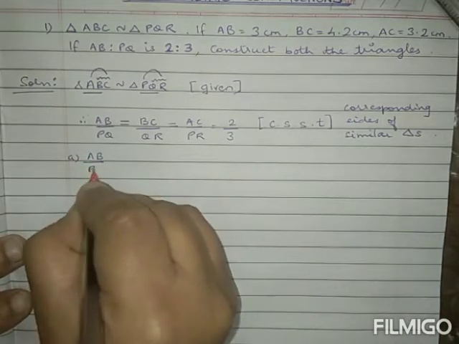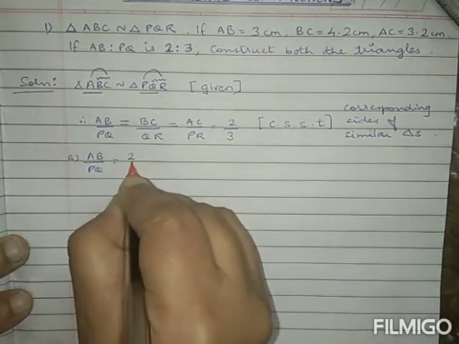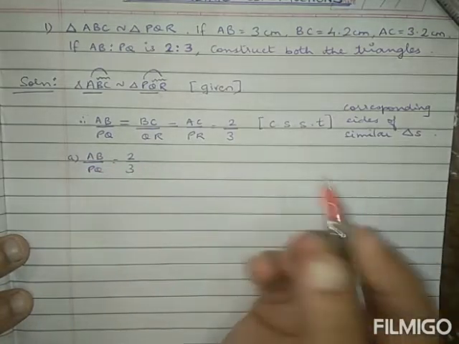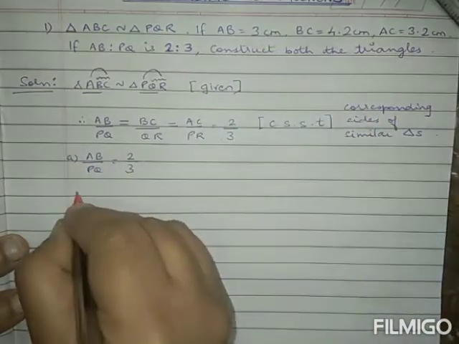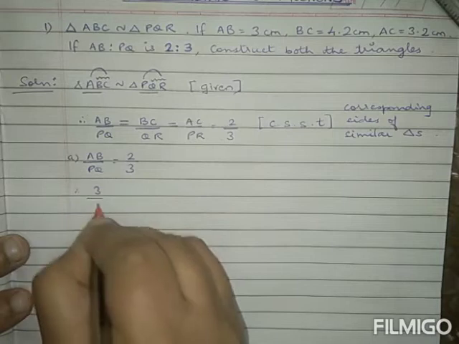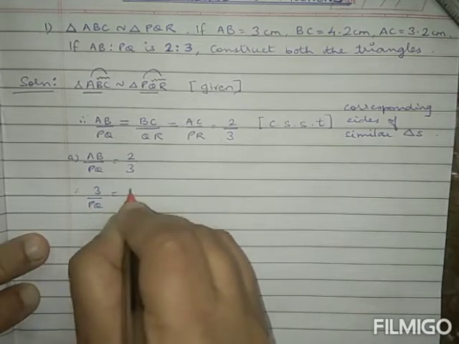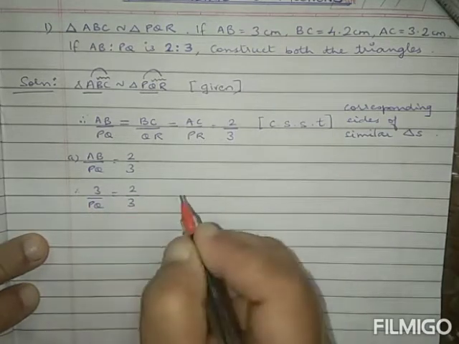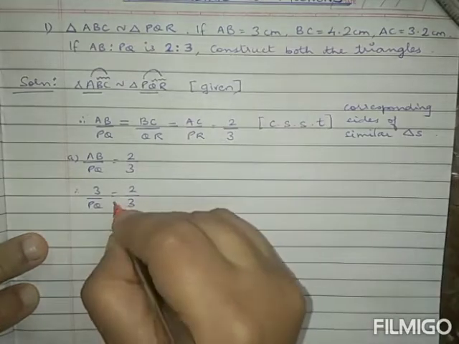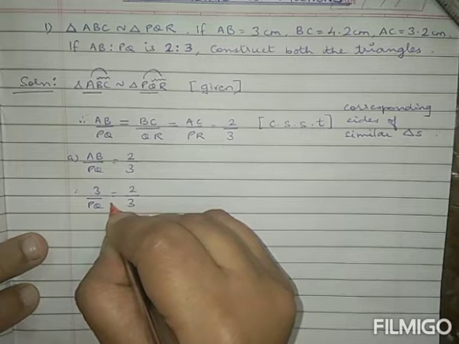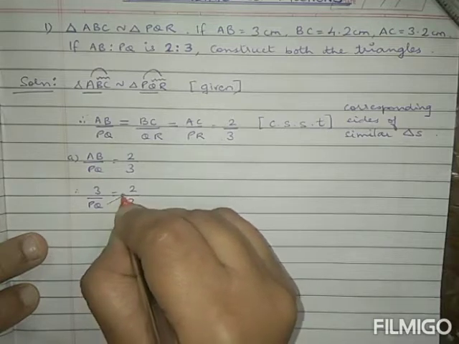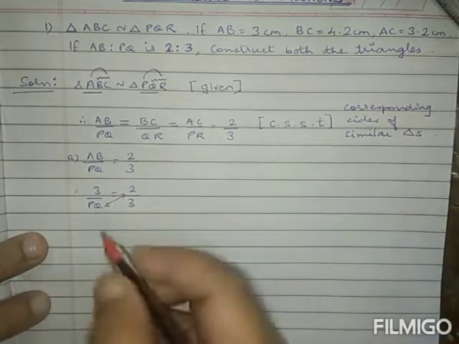So AB upon PQ equal to 2/3. Do we know AB? Yes, AB is 3. Therefore 3/PQ equal to 2/3. We have learnt alternando, okay, where alternates get exchanged.